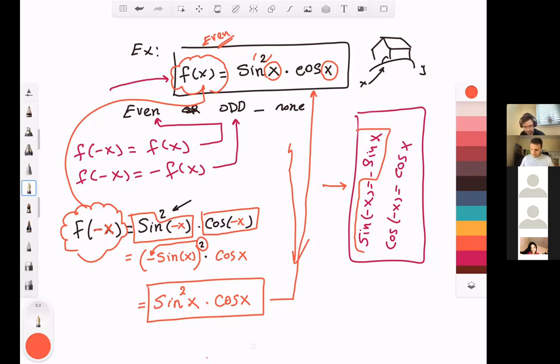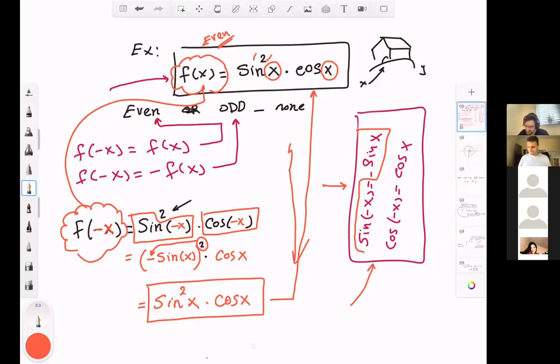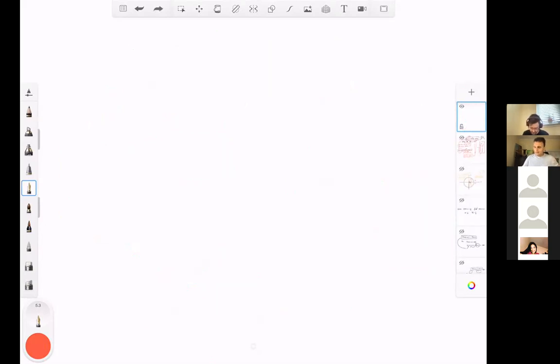So this is what you learned today: even and odd. Sine is odd, cosine is even. So you put this on your note sheets. Good. But if I ask you guys, tangent of x, is this even or odd?